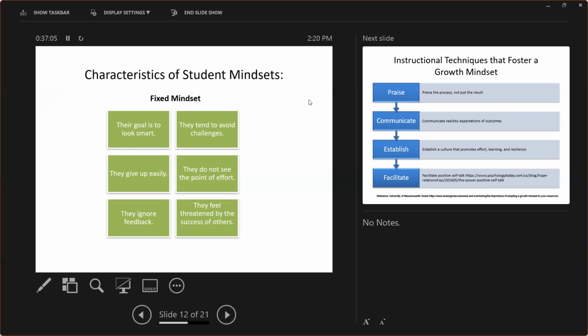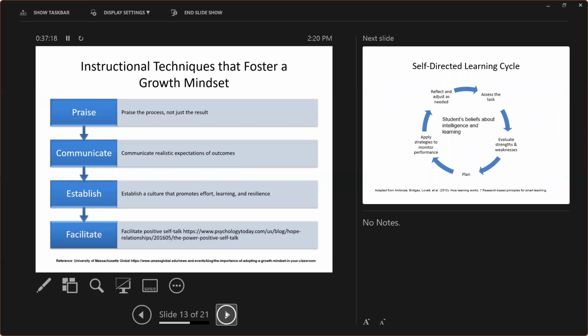And you can see how these characteristics contrast with the characteristics that we talked about for the growth mindset. And we're going to look at instructional techniques that you can use to foster a growth mindset, because we want to make sure that students know that we can kind of facilitate them developing this growth mindset.